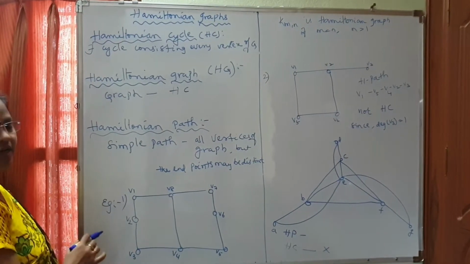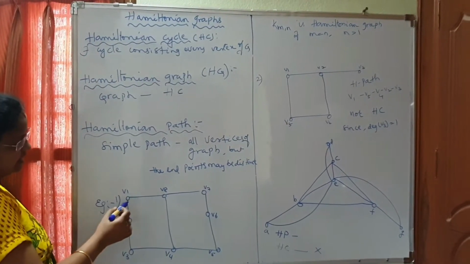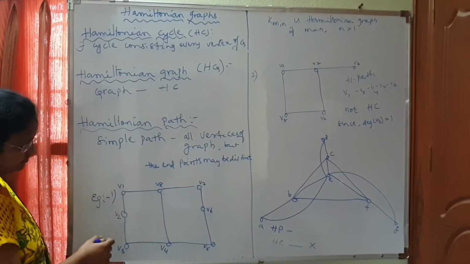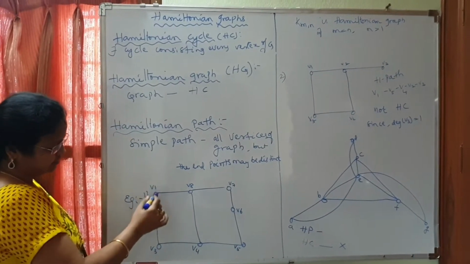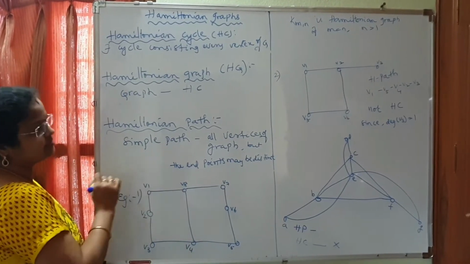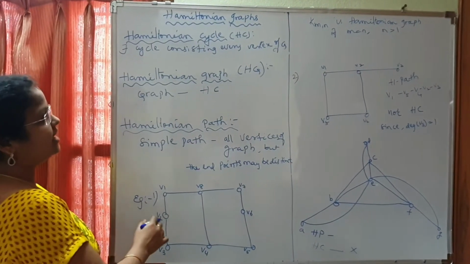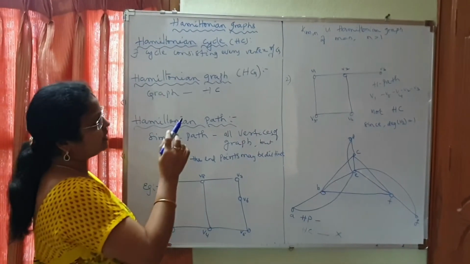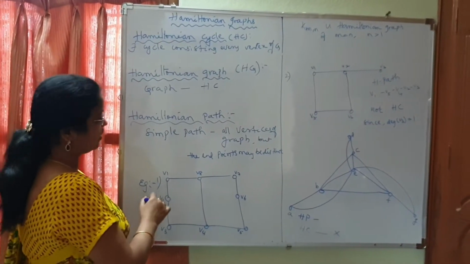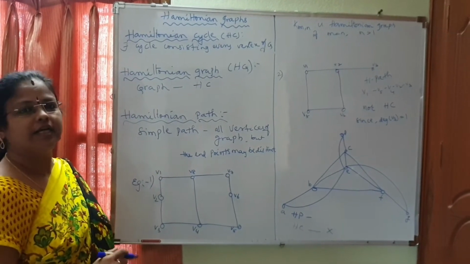Now here I am considering one simple example. Here I have considered one undirected graph, a bipartite graph consisting of 8 vertices V1, V2, V3, V4, V5, V6, V7, V8. And here we have a point that a complete bipartite graph K(m,n) is said to be a Hamiltonian graph if m is equal to n and n must be greater than 1.